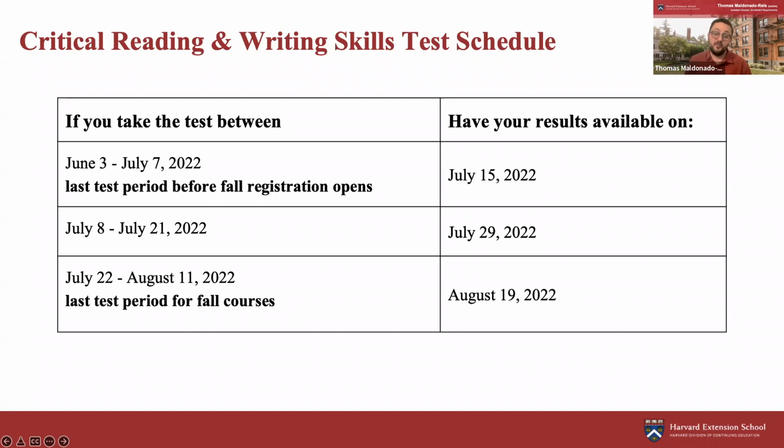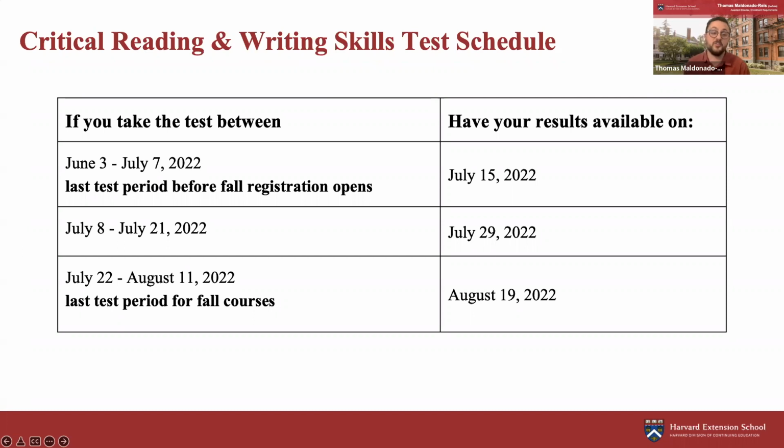So here you'll see, if you were to take the test between June 3rd and July 7th, this is the last period that the test will be administered with results available before registration actually begins for all students on the 18th. So just to put a finer point on that, today is July 6th. If you were to take this test today or tomorrow, July 7th, you are guaranteed to have your results to you before July 15th in time for registration to start.